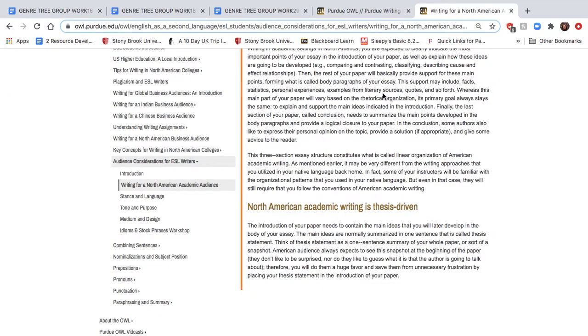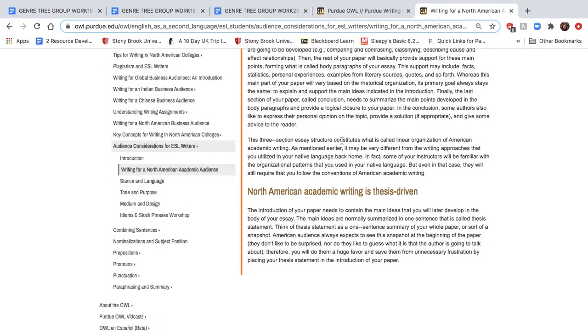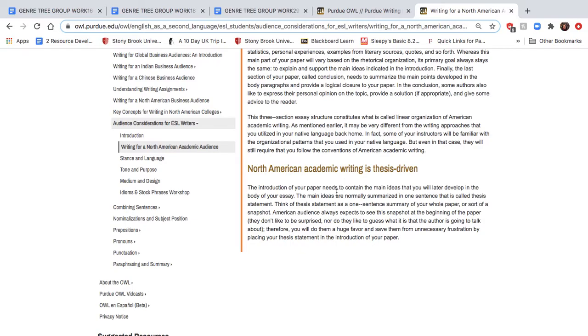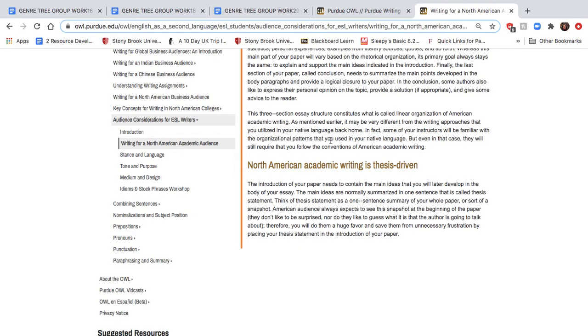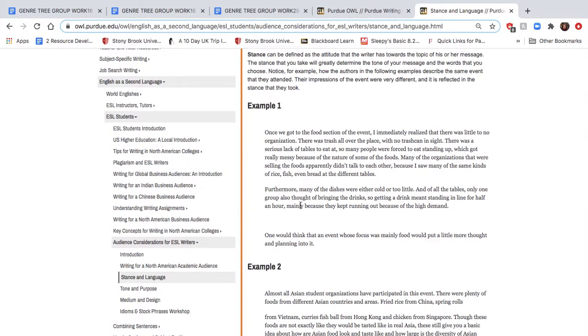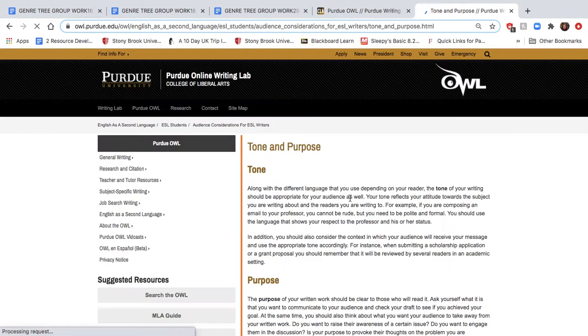So we have to learn the constraints or the rhetorical tools that academic writers use as they create essays to persuade people of an opinion that they have on a topic that they're writing about. That's your thesis statement, your opinion about the topic. And you can see that in OWL Purdue, it's giving you all of the sort of rhetorical tools, or not all, but some of them that you're going to need.